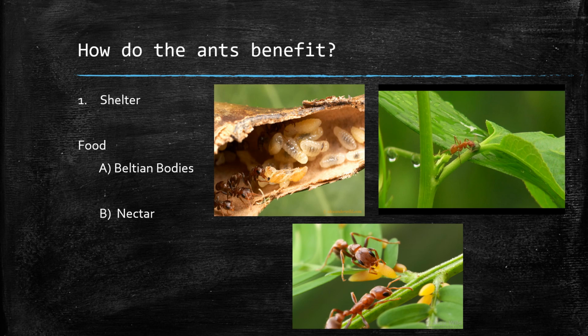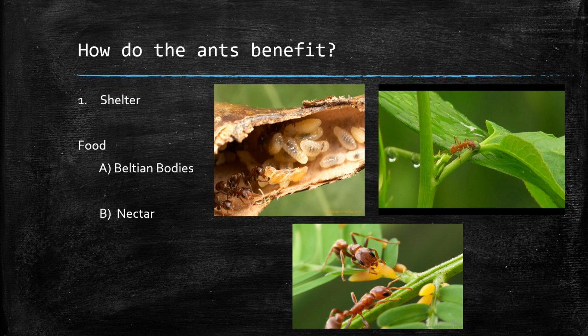Food is another way that ants are benefited by the acacia tree. The acacia gives the necessary nourishment to the ants which live on it, providing them with Beltian bodies, which are red and yellow in color and are found on the tip of the leaflets of the acacia.